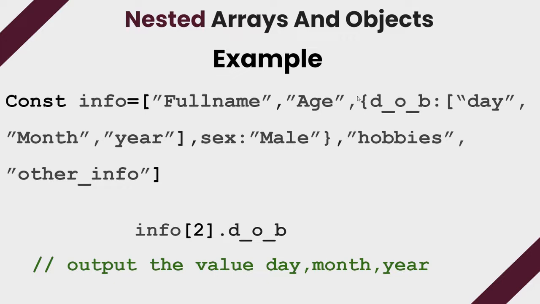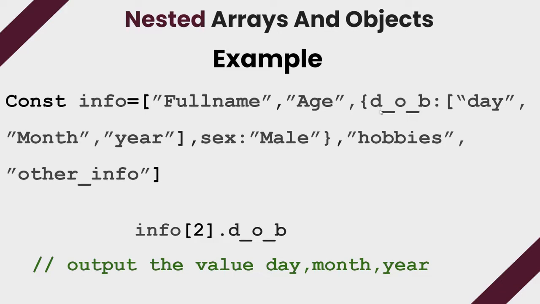So this actually means that if you should reference this by using just info square bracket 2, this would not be displayed because it's an object, and we already know that objects cannot be displayed on the screen. But then within this object we have key value pairs.